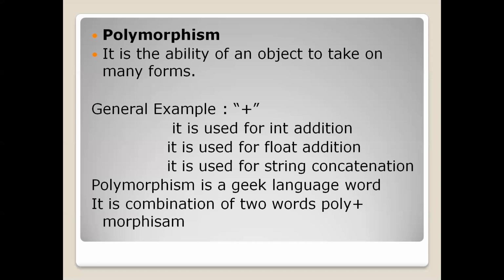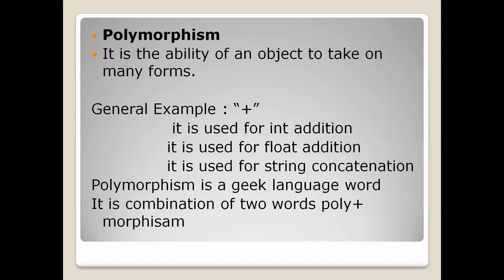So here, let us move to where the word polymorphism came from and what is the actual meaning of polymorphism. We have seen the definition of polymorphism. It is the ability of an object to take more than one form, right?